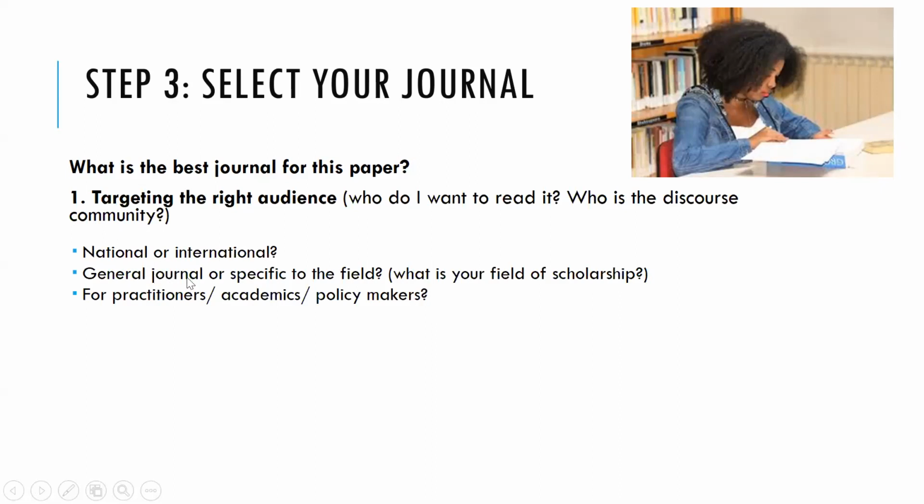Then you need to decide, is it a general journal, something like the Journal of Education, or is it very specific to the field? You know, so if you're working, for example, in e-learning, you could either choose a general journal, or you could select a journal that just publishes in education technology and e-learning, for example.